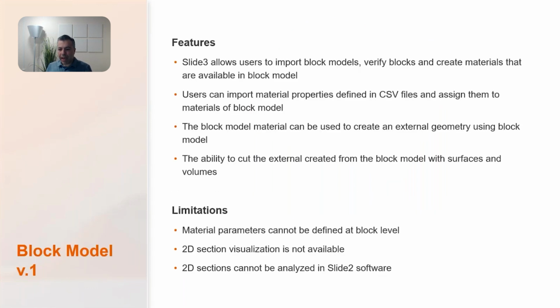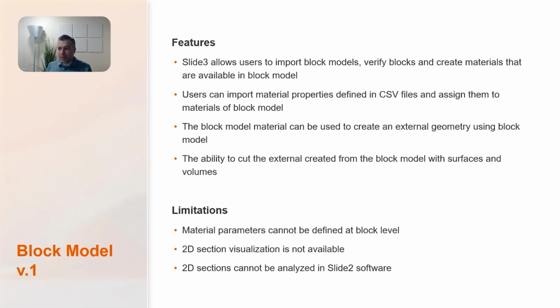So we had block model version 1 in Slide3, which we released in 2022. And it had a couple of features. Slide3 basically allowed you to import your block model. It verified the block file and created the material regions that were available in your block model.